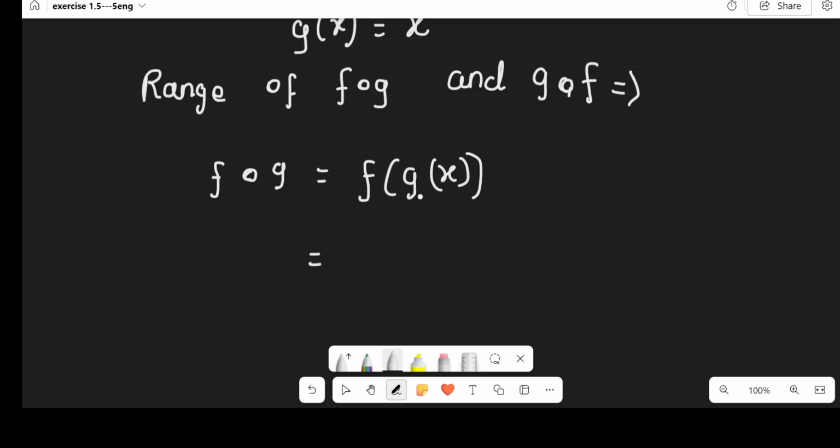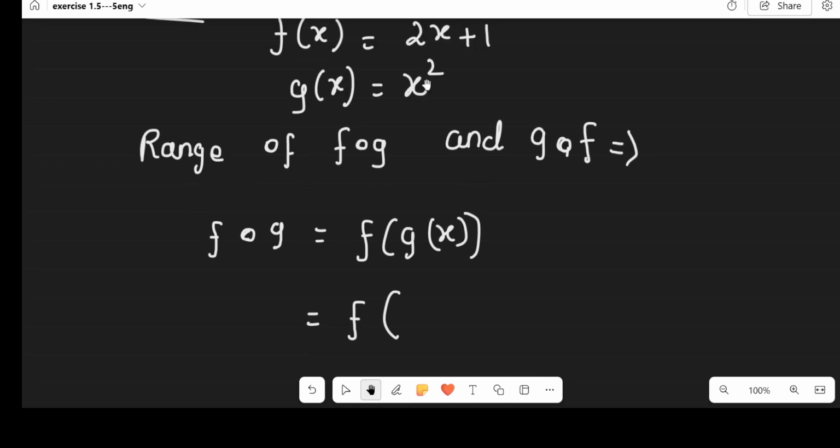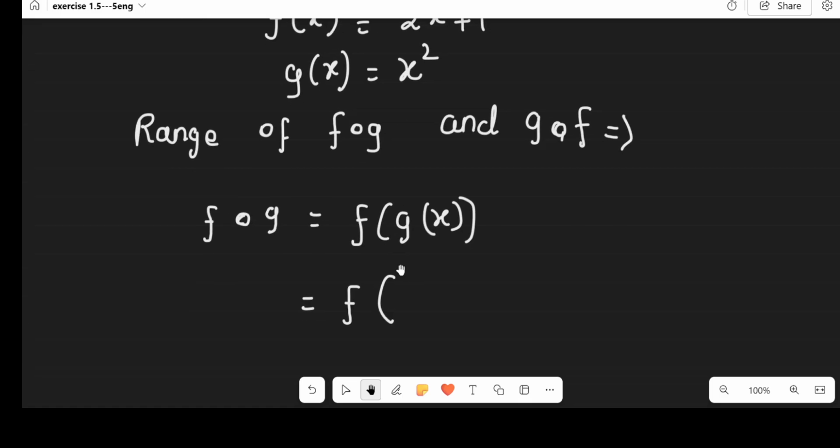Then, here we should apply the g of x value, right? So, f of, what is the value of g of x according to the question? X square, right? This is the value of g of x. So, we should apply the value over here, that is x square, right?